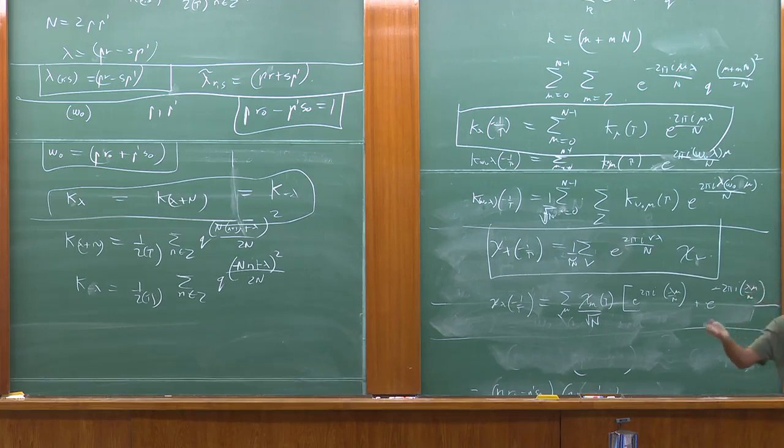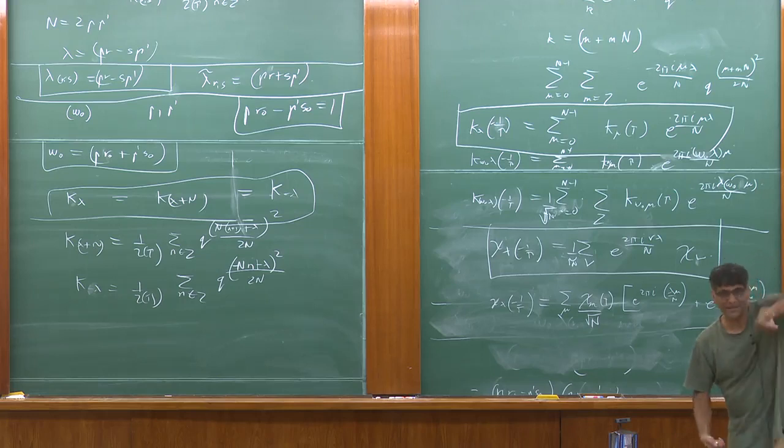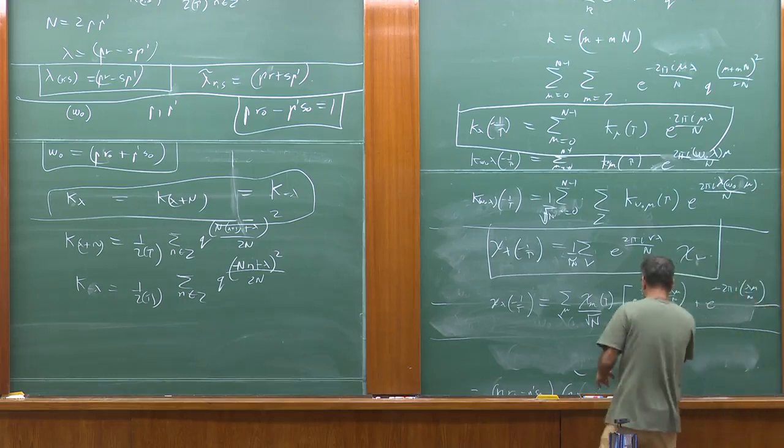Right, there were 4 equivalences. 2 of them were lambda goes to minus lambda, and the other 2 were lambda goes to omega naught lambda. Remember, omega naught lambda switched the sign of the character, so the other signs will come with a minus.